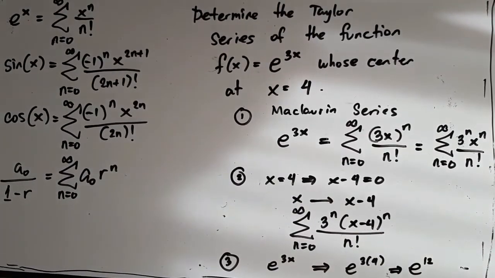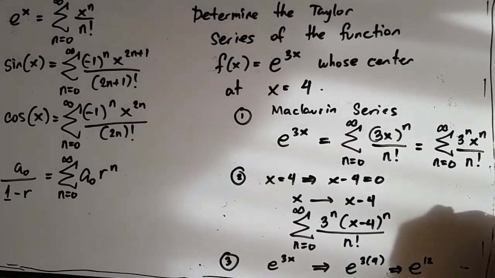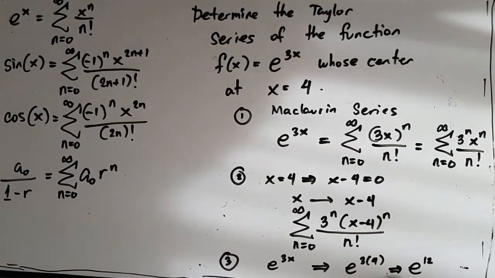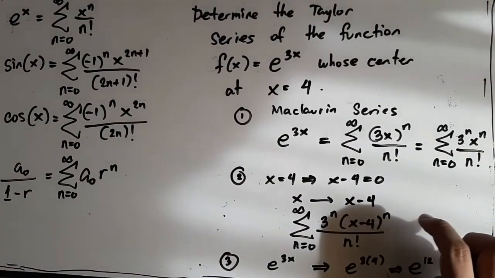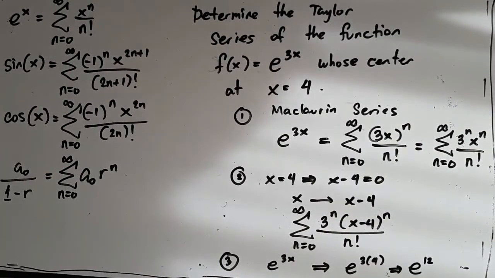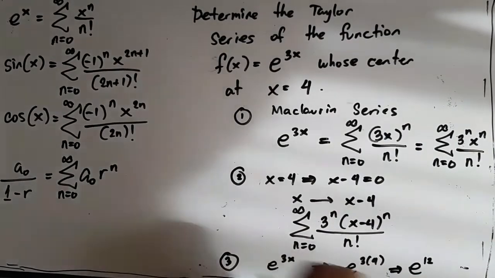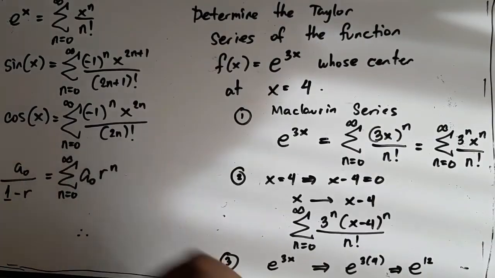Now, what will be our final answer? Therefore, our final answer would become this equation. This third step, we will multiply it to the answer at the second step. So, the answer, I'll put it here.